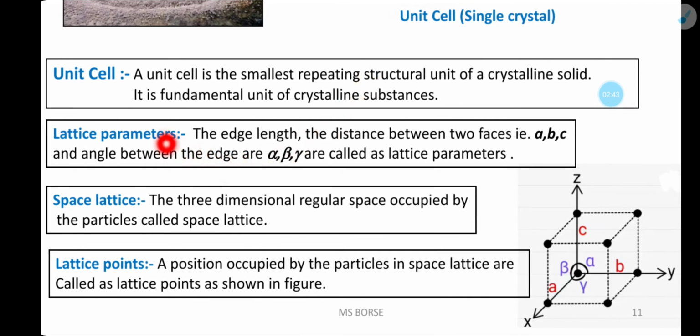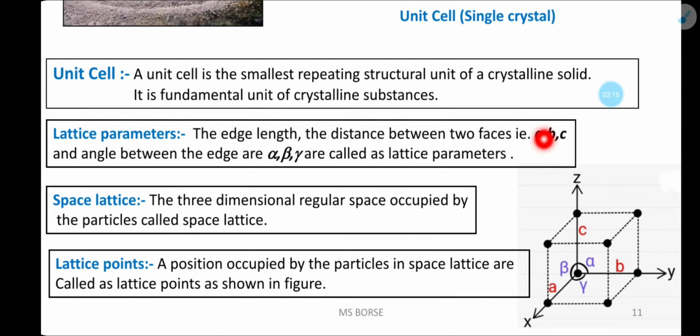Now the lattice parameter. To characterize the lattice, we have to assume some constants, called lattice parameters. For the edge length, the distance between the two faces, is represented as small a, b, c, that means a, b, c is the distance between the two planes, or edge length.